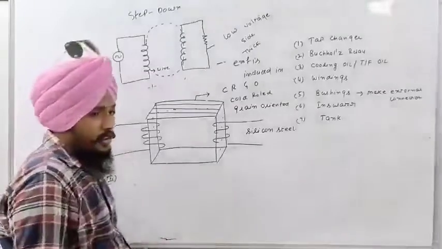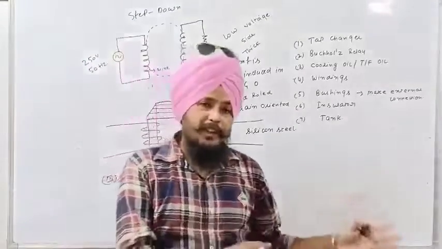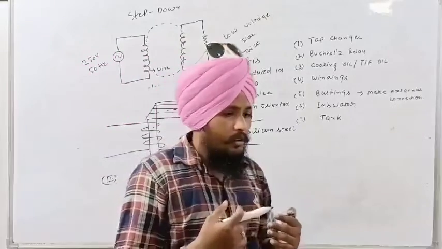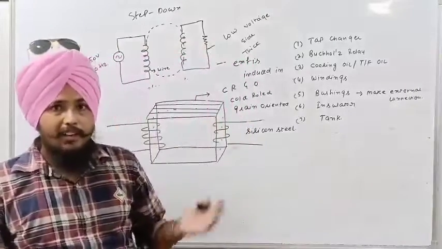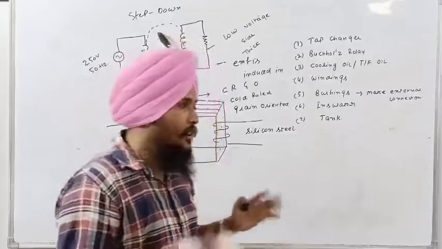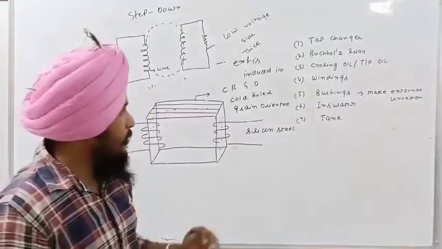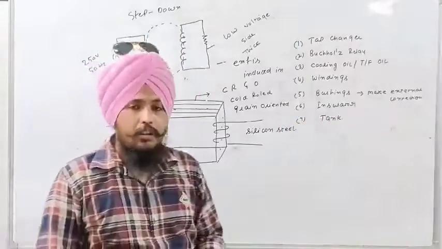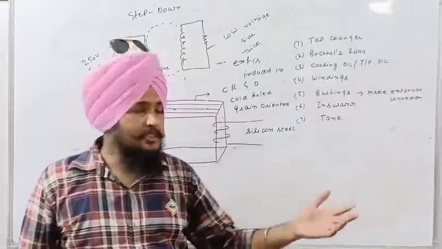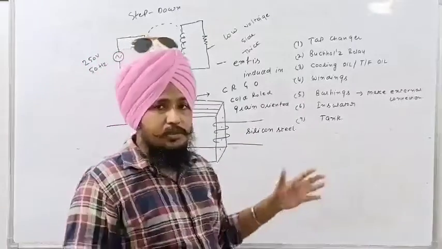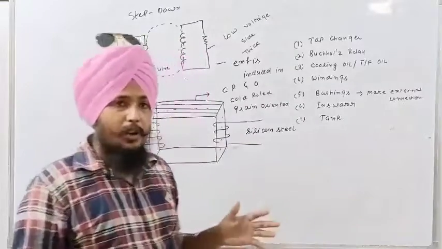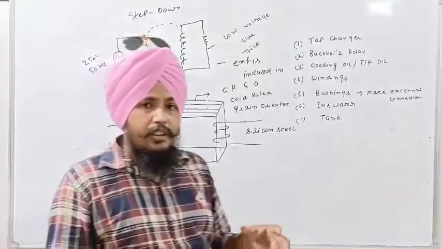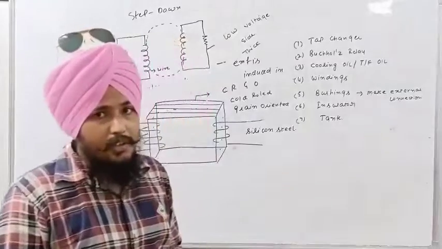The insulator is kept in between the primary and the secondary winding to avoid the accident of short circuiting of primary and secondary. Okay, then the tank. I told you before, five minutes ago. What is the tank? The tank is used to hold the transformer oil, and our windings are immersed in the transformer oil.